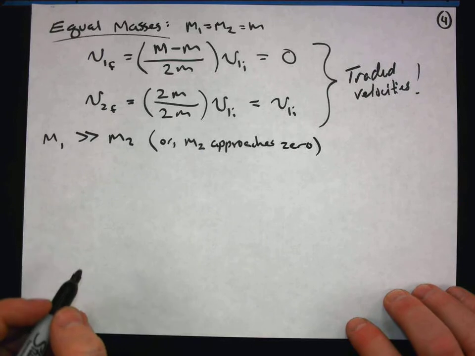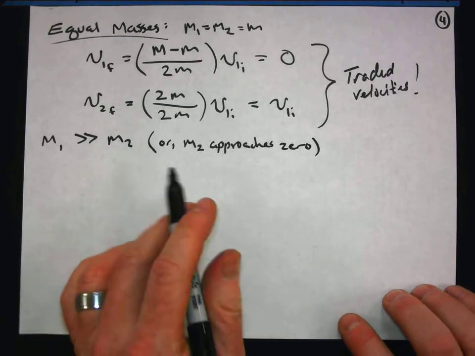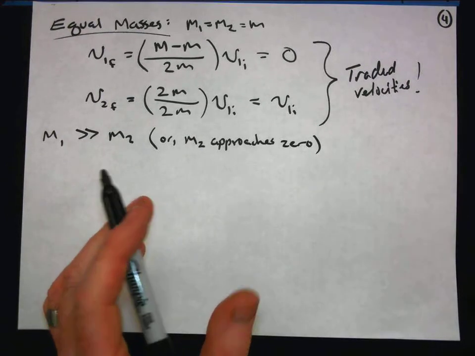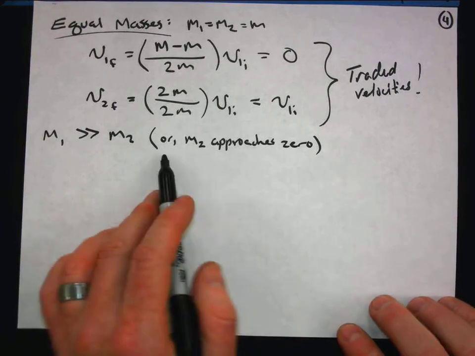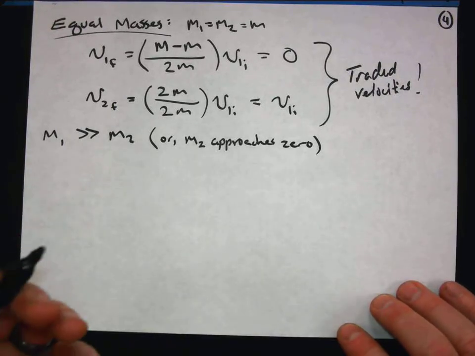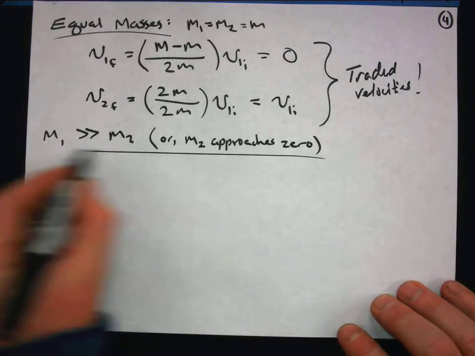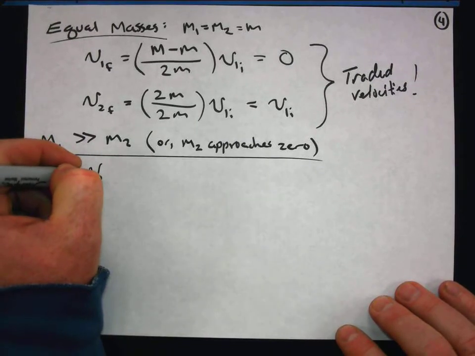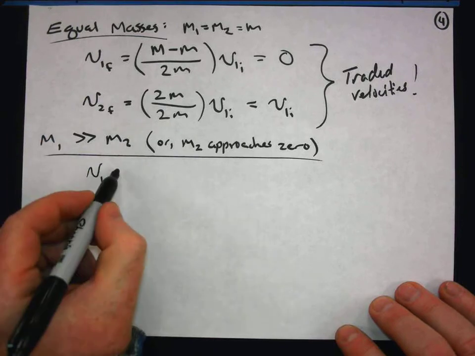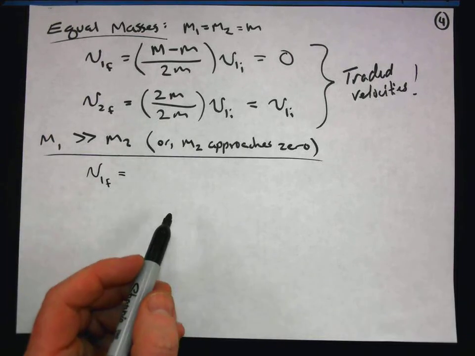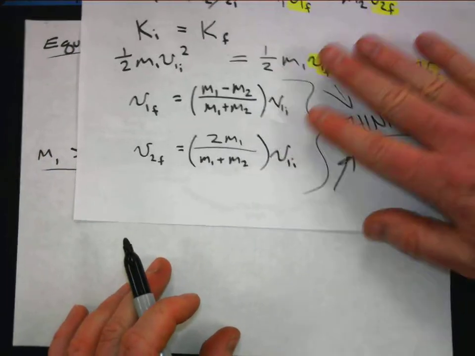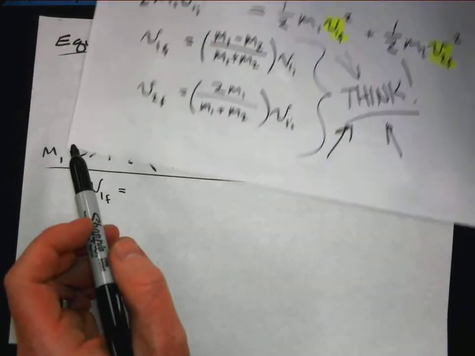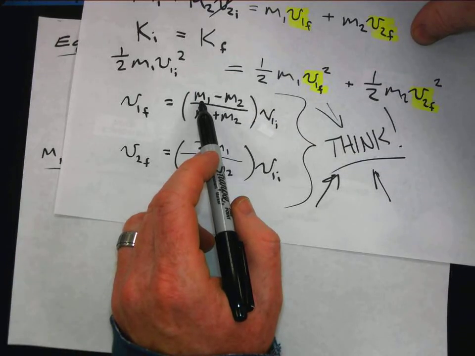Okay, that's interesting. Not m2, not necessarily is 0, but you know what I'm going to have to do when I say this in the equation? I'm just going to have to write a 0. So here's our condition of the two masses, and I'm going to reevaluate final velocity of object 1. And I'm going to say to myself, well, okay, I have m1 is much greater than m2, or that m2 goes to 0.